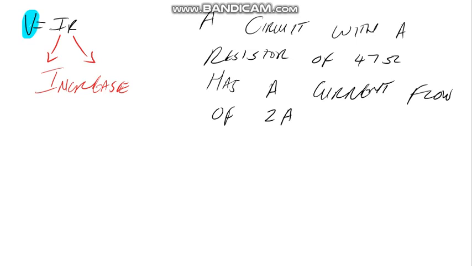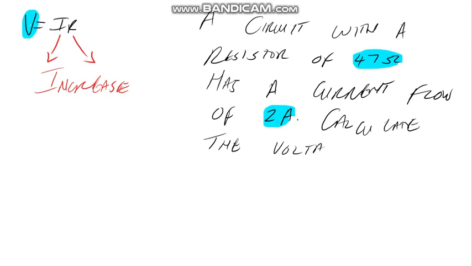You see, I wrote the current as amps, and your resistance is 47. Then they say calculate the voltage across the resistor.